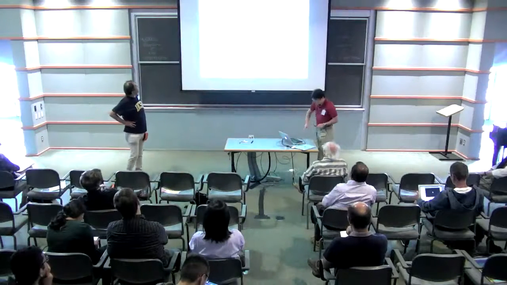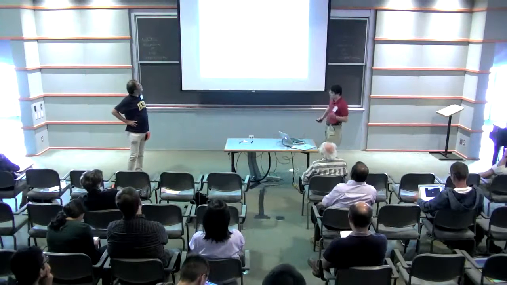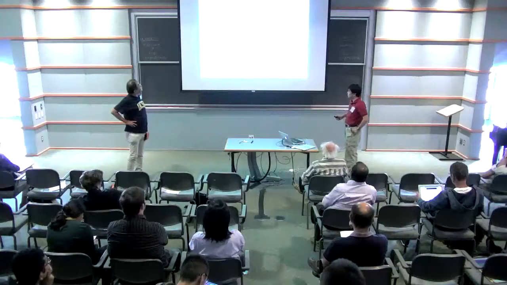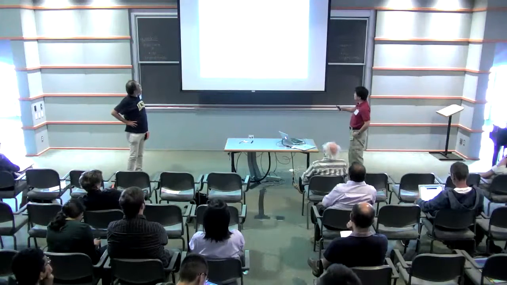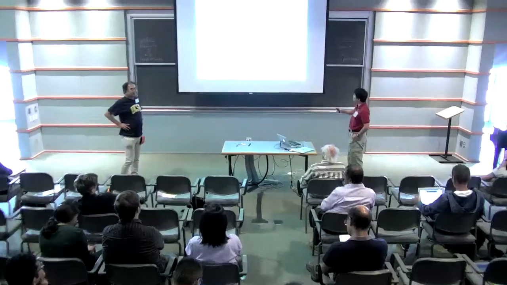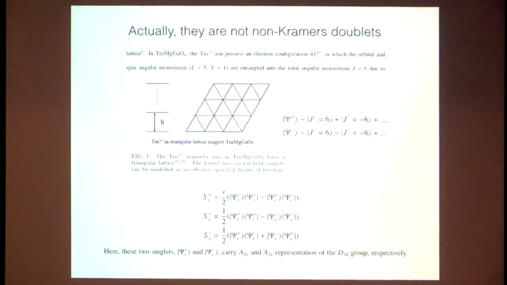Yeah, that's a very good question. My English vocabulary is not sufficient to tell you this name. So this is the wave function, the ground state singlet, and this is the second excited singlet. The wave function is a combination of this, 6 and minus 6.